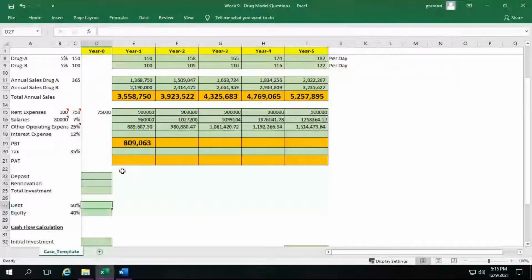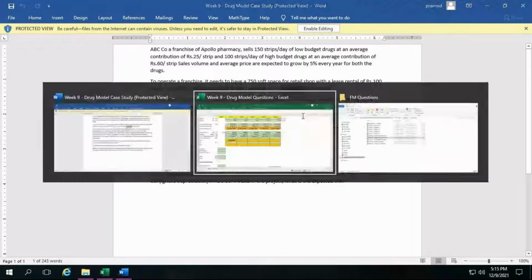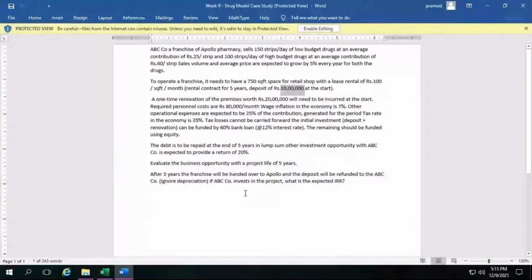Okay. So before doing this, to continue further, we will finish this part: deposit, renovation, total investment. They have told here a rental contract of 5 years. The deposit will be 10 lakh at the start, so 10 lakh will be the deposit amount. Then renovation is 20 lakhs.